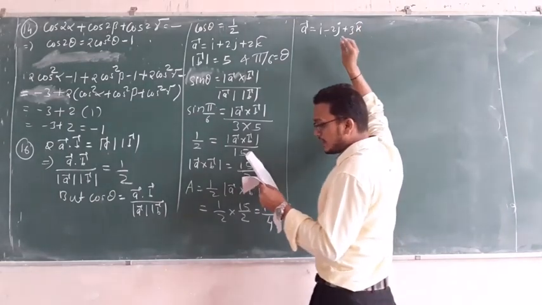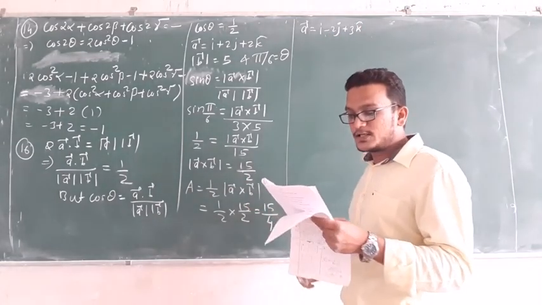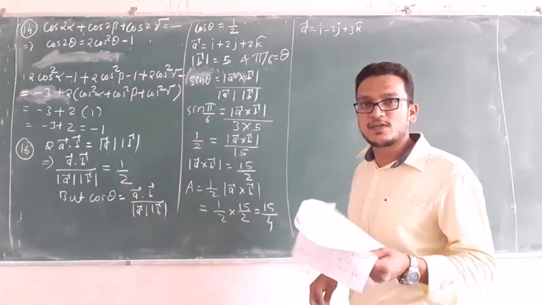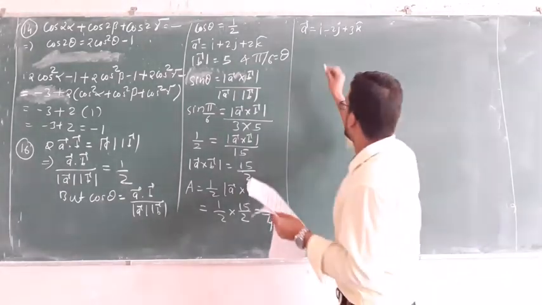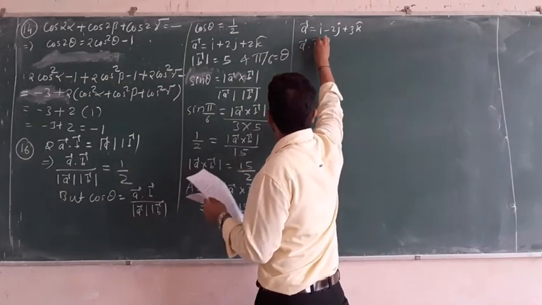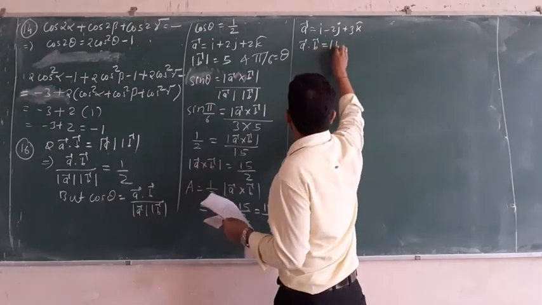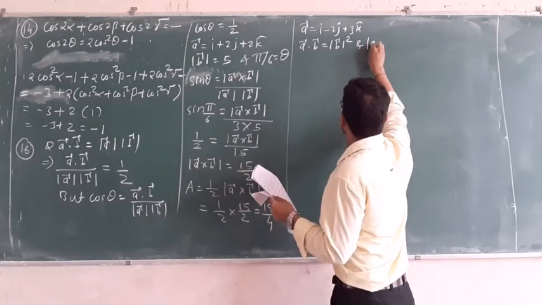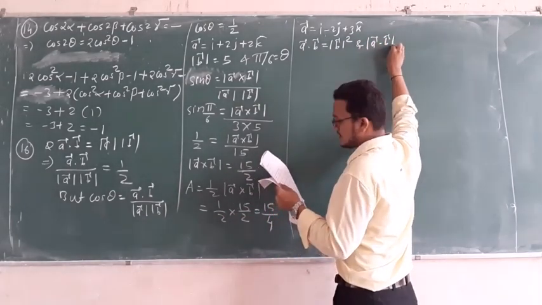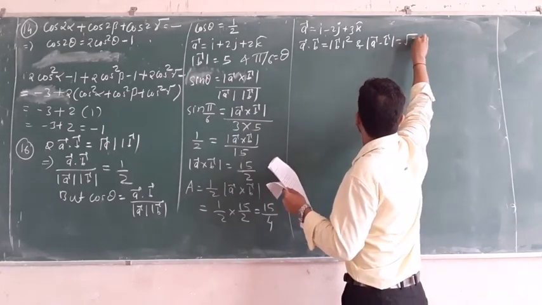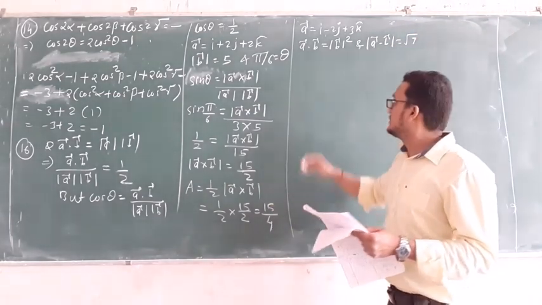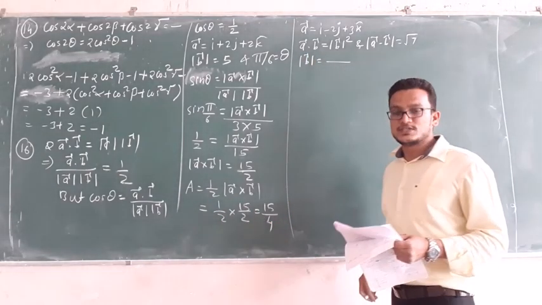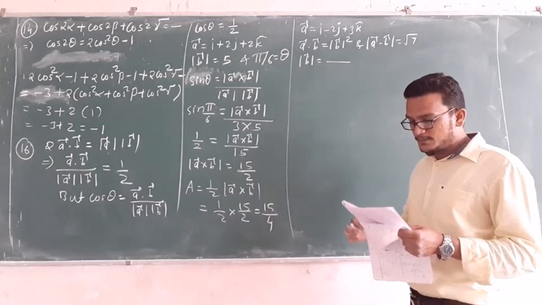And they have given one vector B such that A dot B is equal to magnitude of vector B square, and one more term, magnitude of A minus B is equal to root 7. Then what is the value of magnitude of vector B?